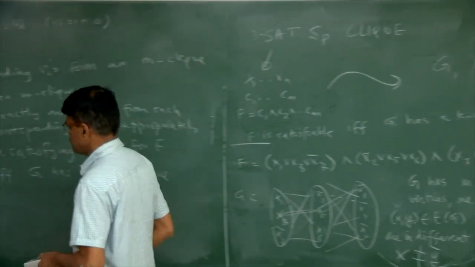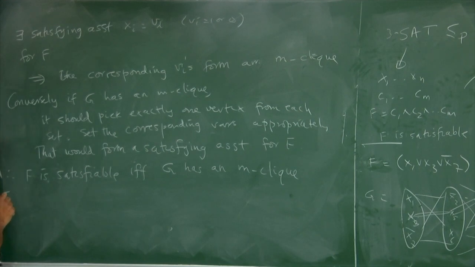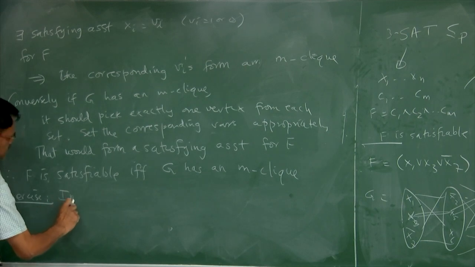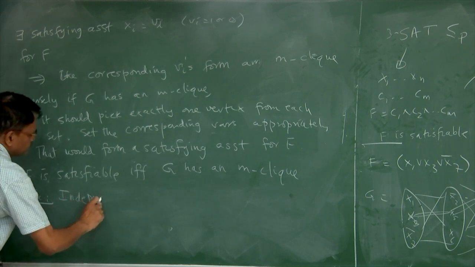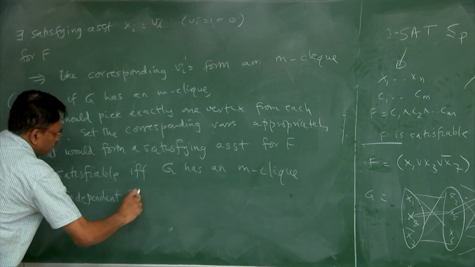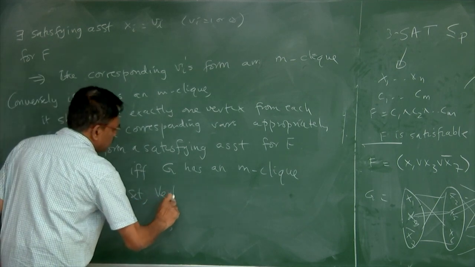Let me leave with some exercises and we can continue tomorrow. Independent set is NP complete. Vertex cover.